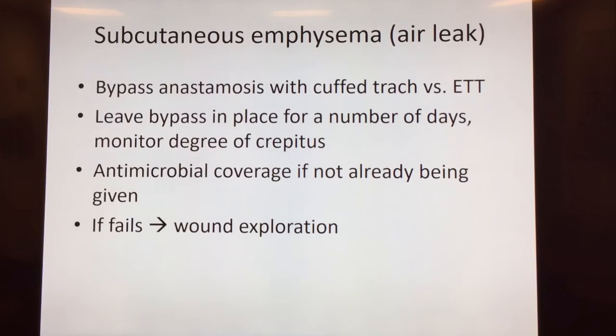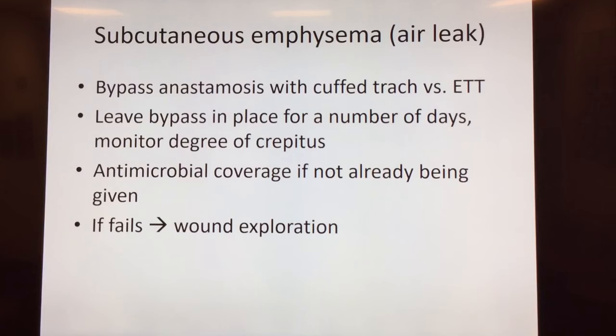So you have a cuff below the area that's leaking, and your endotracheal tube will bypass the anastomosis and go straight from your lungs out to the mouth. Or your trach would go from the lungs out to the outside world. So you leave that bypass in place for a number of days. It could be anywhere from like 3 to 5 to 7, depending on how things are going.